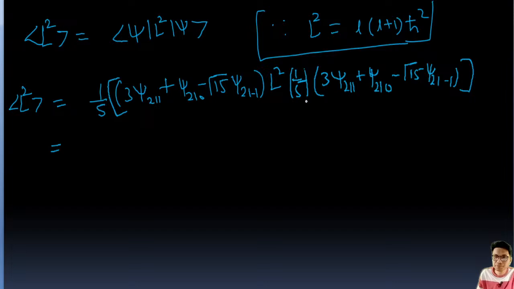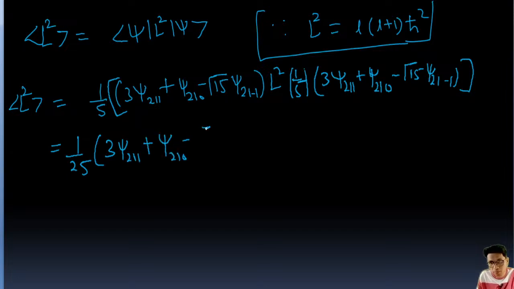So the 5 and this 5, these are multiplication, we'll take them together, so it is going to be 1 upon 25. Okay, and we'll operate it. So this is psi 211 plus psi 210 minus root 15 psi 21 minus 1, and we'll operate L square with this.